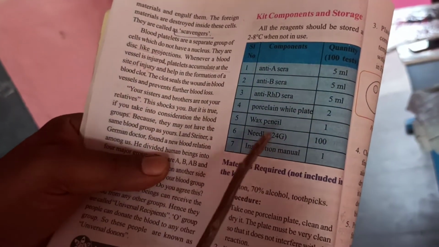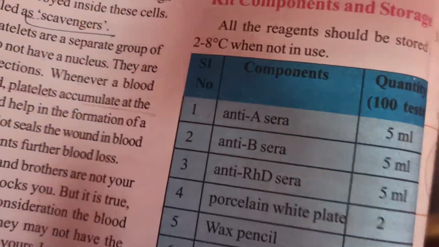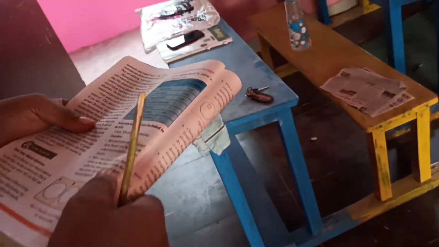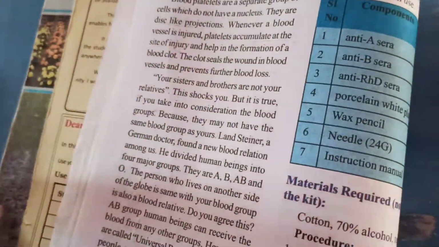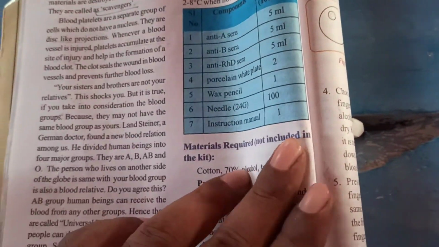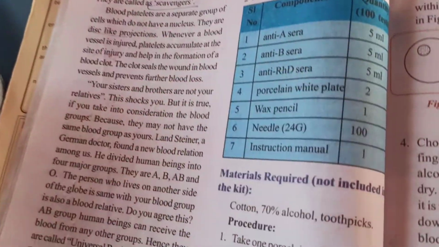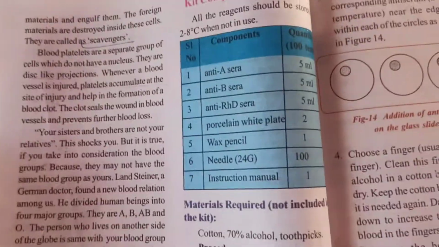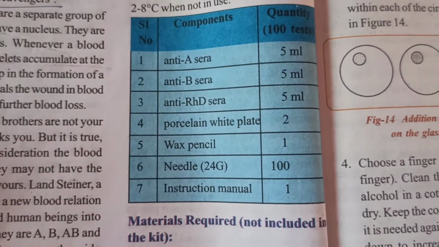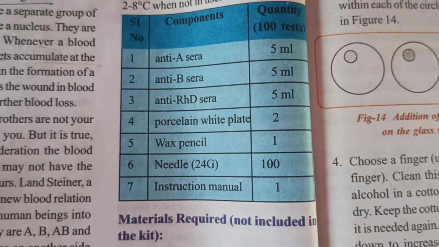The first one is the blood grouping identification kit. We have a total of 7 items, serial numbers 1 to 7.